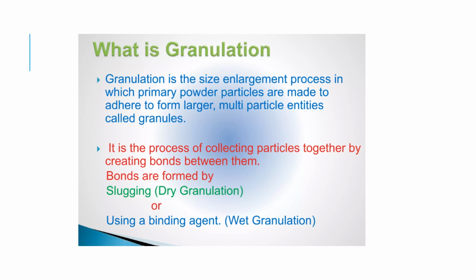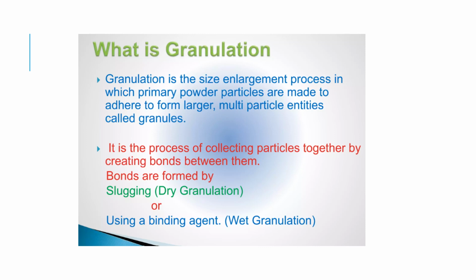So granulation is the size enlargement process in which the primary powder particles are adhered together to form multi-particle entities called granules. Or you can say that it is a process of collecting the fine particles together by creating a bond between them.